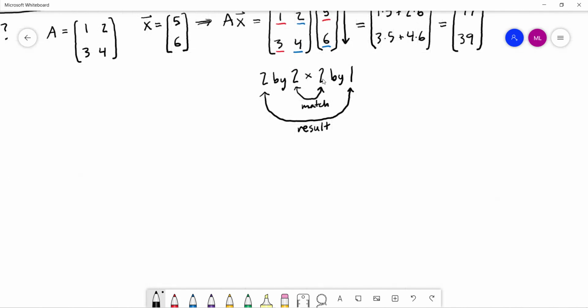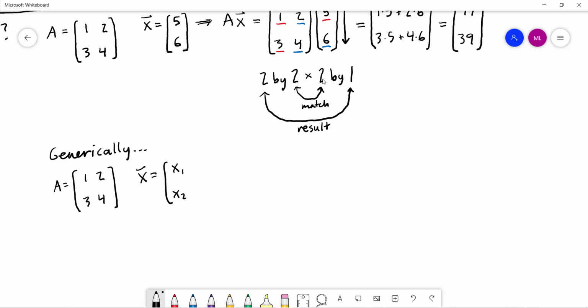And again, it can be done generically as well. So generically, if I took that same matrix A, so 1, 2, 3, 4, and now I said, let's let x be just the vector x1, x2. So it does have some variables. What would we get in this case when we did A times x?